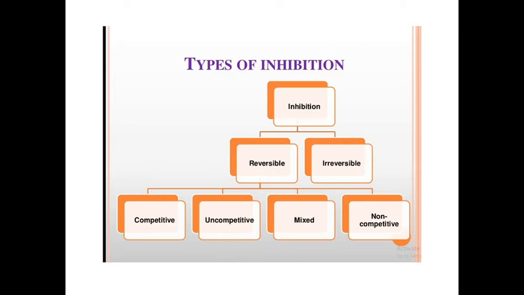For enzyme substrate complex formation, for the removal of chemical groups or for the cleavage of this enzyme molecule, we require covalent bonds. So phosphorylation takes place, dephosphorylation takes place, then adenylation takes place. All these are common covalent modifications, and addition or deletion of some modifications can cause activation or inactivation of the enzyme.